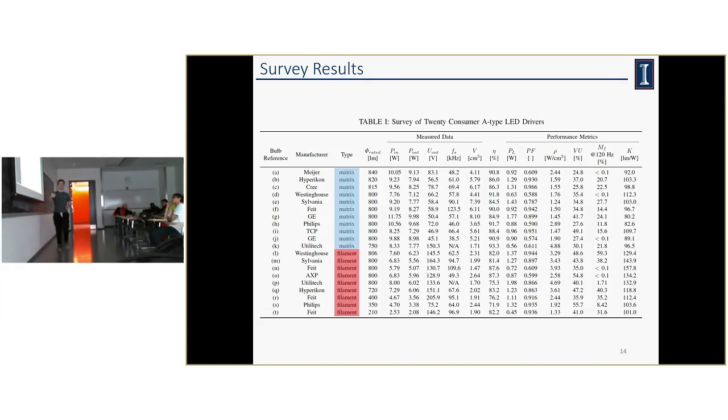So if we had a Westinghouse filament bulb, we found an equivalent Westinghouse matrix bulb, and that's just another point of comparison. So in this row, you can see the power factor. A lot of numbers, but you can see that some of them are higher than others. Some are above 0.9, some of them are around 0.6. So that just shows whether there is power factor correction or not. This is the power density. Again, all over the place. Some converters were much bigger than others.